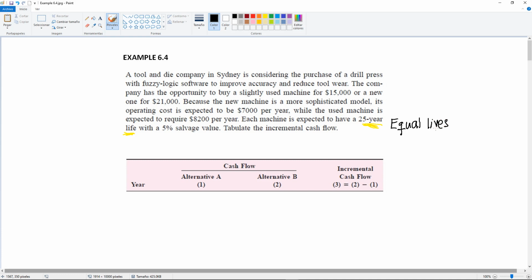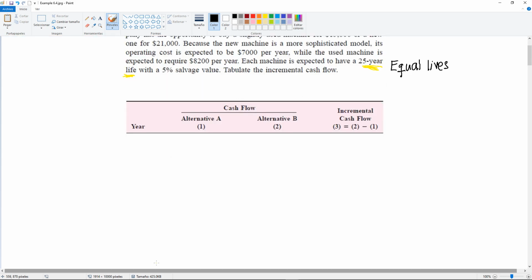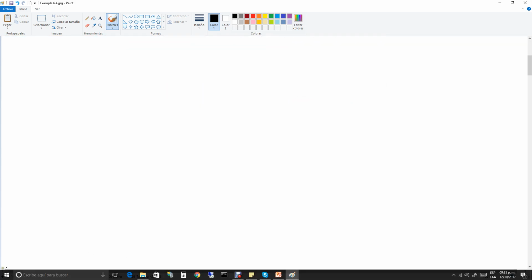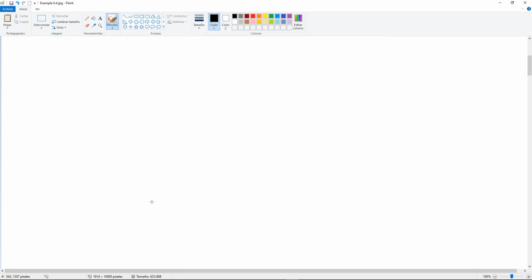Before starting with the table, let's draw the diagrams so that you get familiar with how everything is going to be written down in the table.